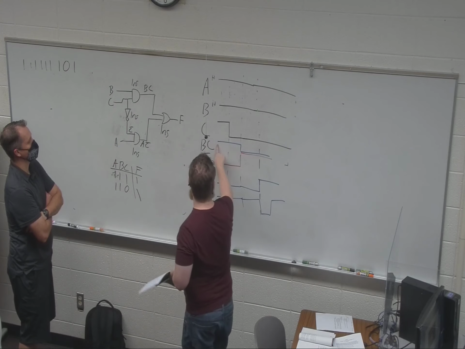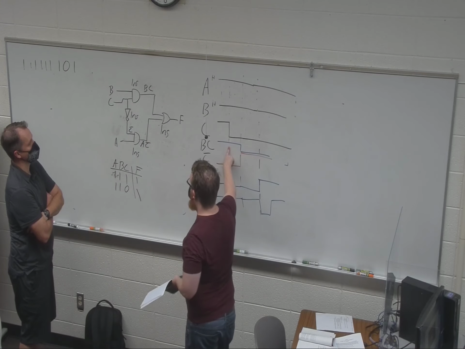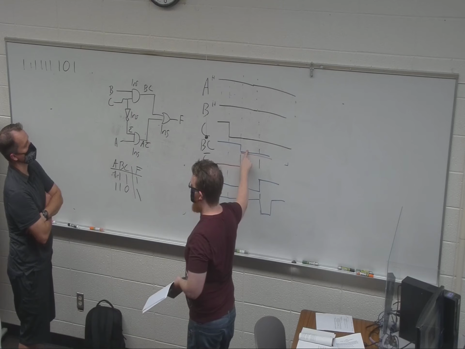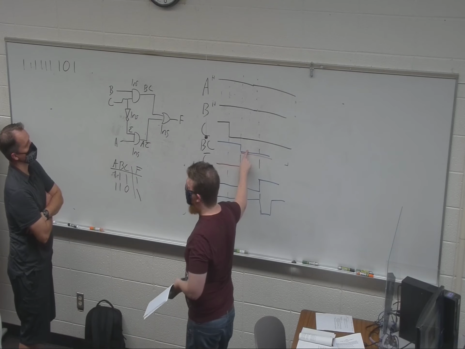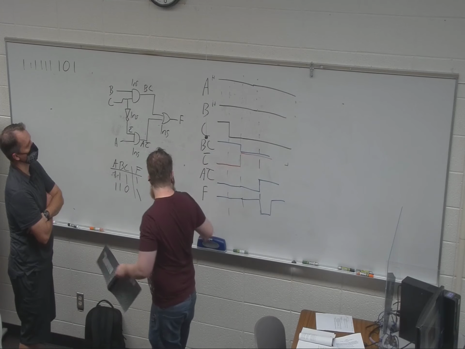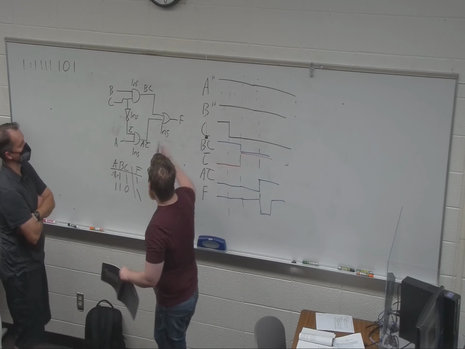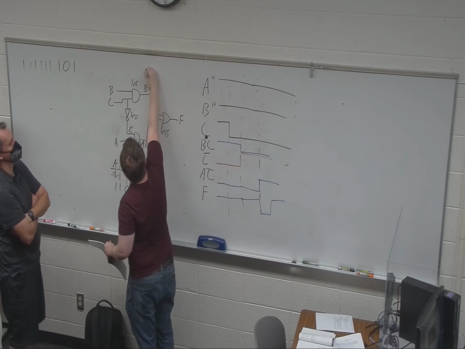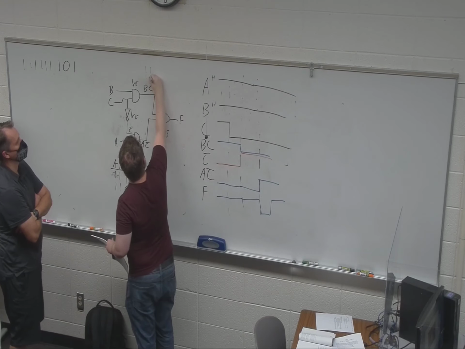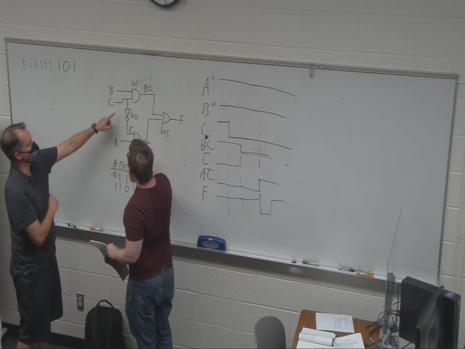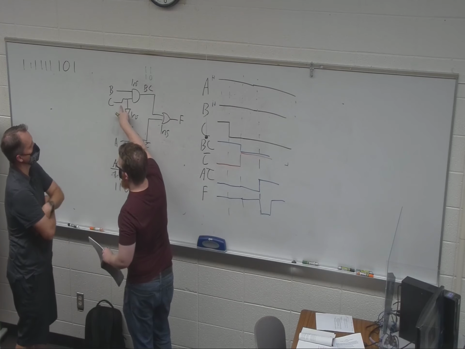So your B and C, 1 nanosecond after C changes, B and C drop to 0, because of the truth table. Okay, yes, because of the AND gate. Here, you start out at 1, 1, and it becomes 1, 0, because of the C change.